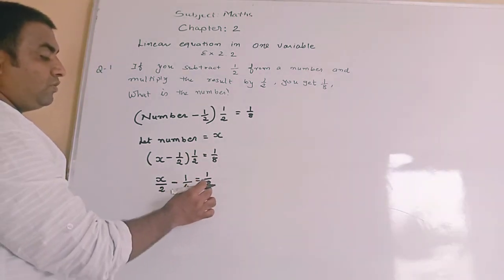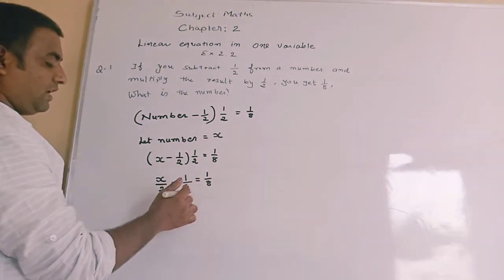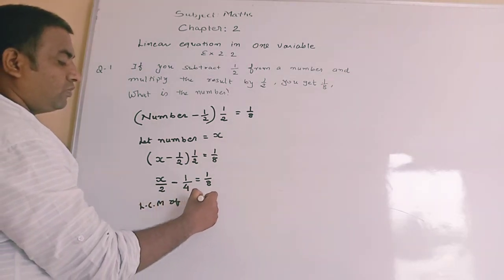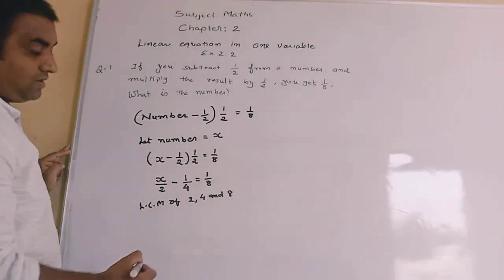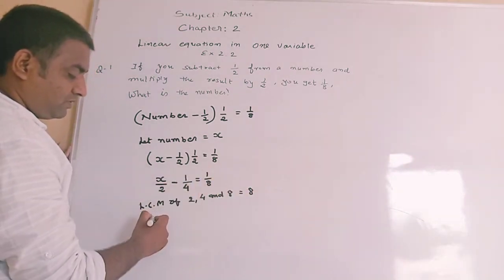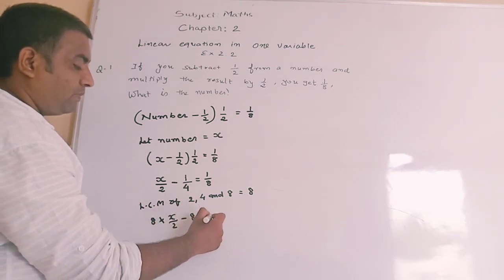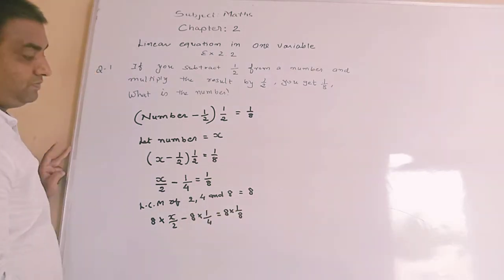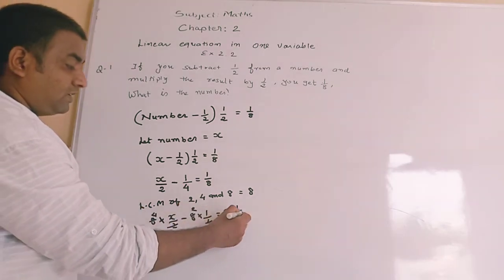So to convert into integral form to make the sum easy, we have to take the LCM of 2, 4 and 8. So the LCM of 2, 4 and 8 is 8. So 8 multiplies each term: 8 multiply x by 2, 8 multiply 1 by 4, 8 multiply 1 by 8, and so 2 4s are 8, 4 2s are 8, cancel.